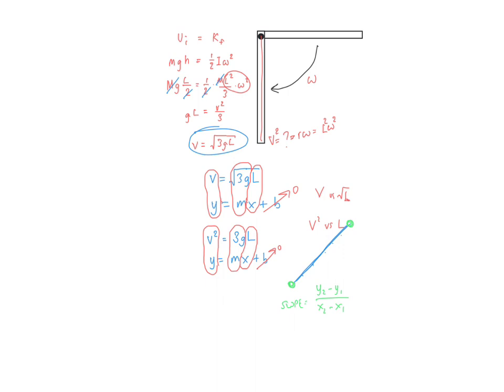Once you've got that slope, depending on which of these two things you use, the slope will either be equal to the square root of 3g, or the slope will be equal to 3g. So just take that numerical value, set it equal to either the square root of 3g or 3g, solve for g, and if everything was done right, you're probably going to get a value somewhere in the low to mid 8s.